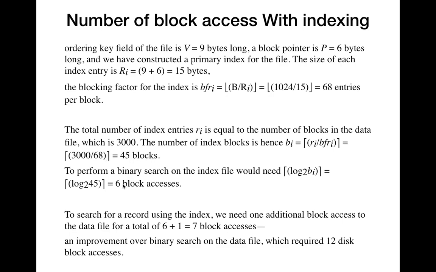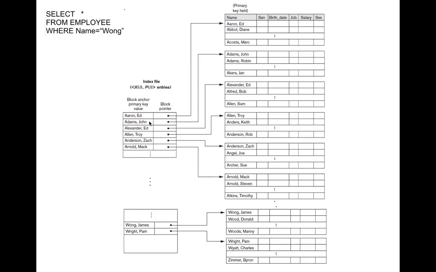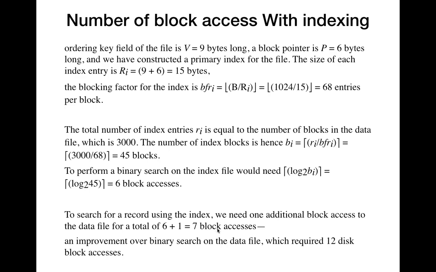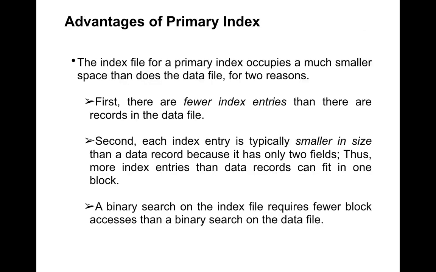Performing a binary search on 45 blocks would require 6 block accesses, and that is over the indexing. There are 6 block accesses over here, plus 1 to reach this particular block, so that is 6 plus 1, 7, in place of 12.